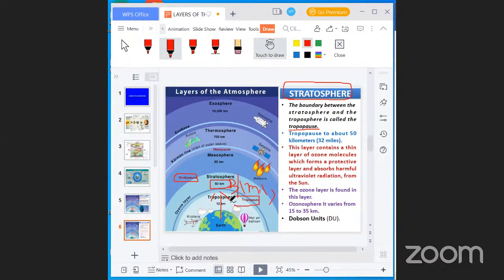This layer contains a thin layer of ozone molecules which forms a protective layer and absorbs harmful radiation from the sun. You see here, this layer is very dry as it contains little water vapor. It means the water vapor content is less here, right?